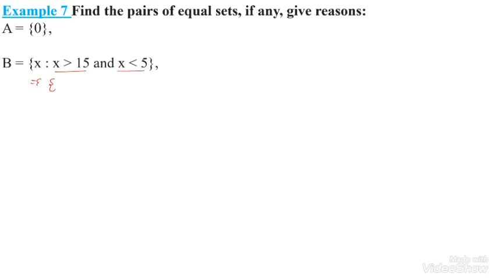It should be a null set, because between less than 5 and greater than 15 there is no element. The next one is x minus 5 equal to 0. Solving, x becomes 5, therefore it is a set containing the element 5.